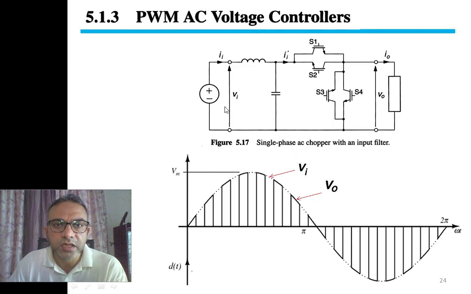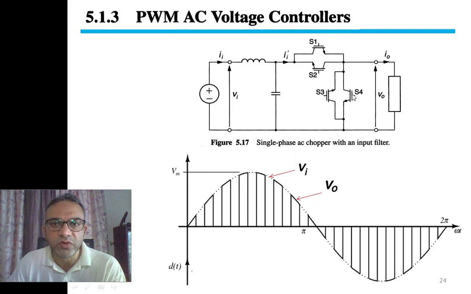The input voltage, the input current, the inductor and capacitor filter, and I dash represents the output current from the filter. S1, S2, S3, S4. S1 and S2 are connected in series with the load.